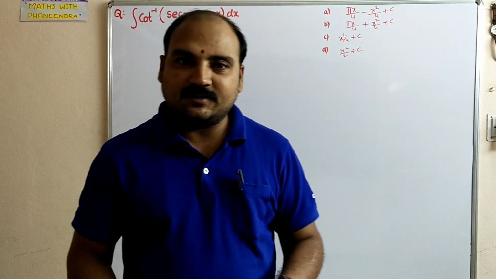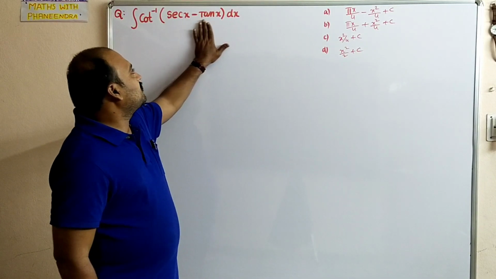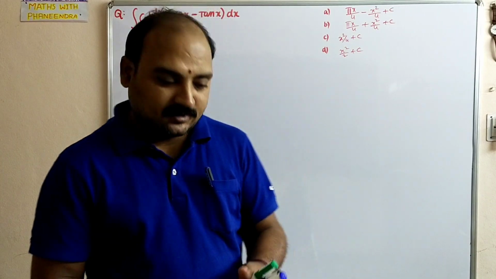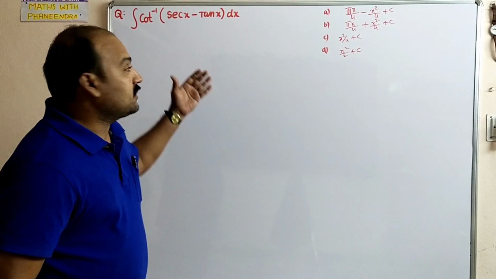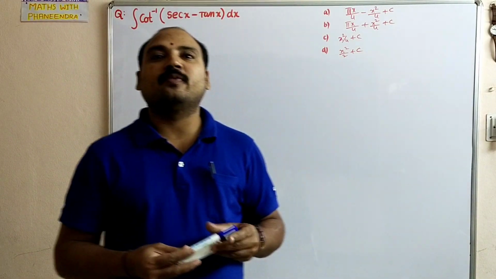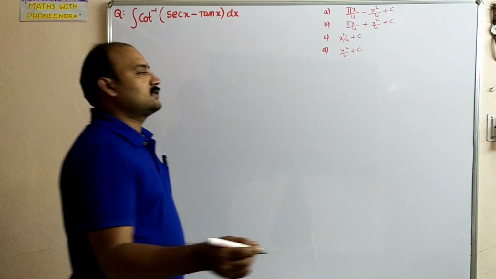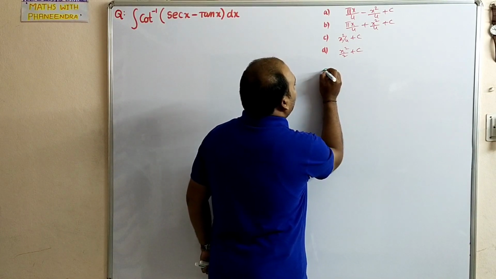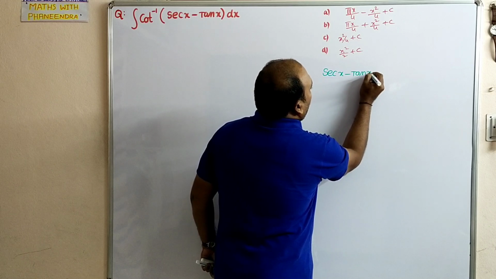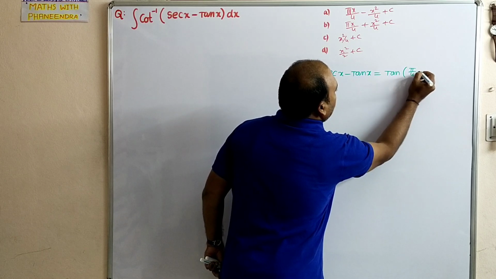In the earlier classes, we discussed in trigonometry the value of secant x minus tan x. Not only secant x minus tan x, but also sometimes in some problems secant x plus tan x will be there. So first, what is the value of secant x minus tan x? Here I will write a shortcut formula. Secant x minus tan x is equal to tan of pi by 4 minus x by 2.